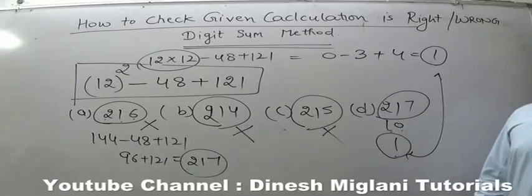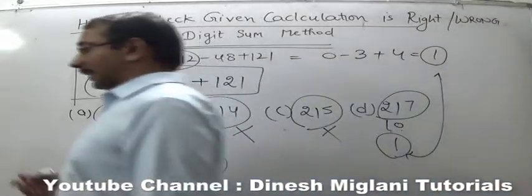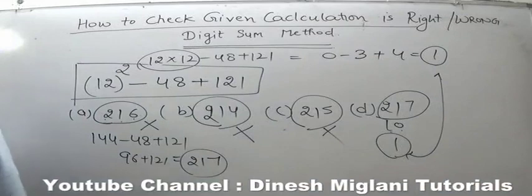I hope the concept is clear. So this is a conceptual method named the digit sum method.